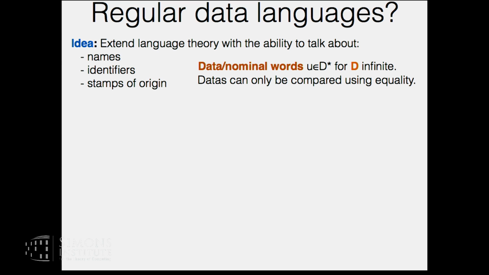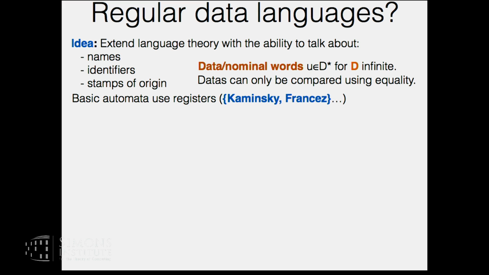But for us, we have a set D of data, or A of atoms, or N of natural numbers, whatever. And we can only compare them for equality. And when we talk about a word, essentially all the examples will be like that. Sometimes we can add a finite part to it, but that's what it is. So how can we design devices for recognizing languages of such objects?